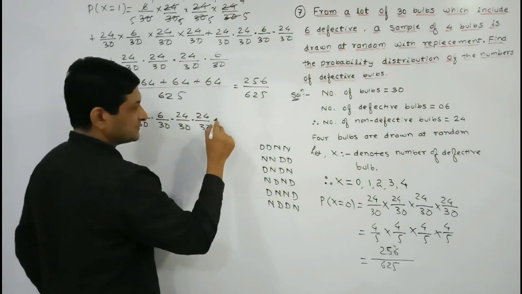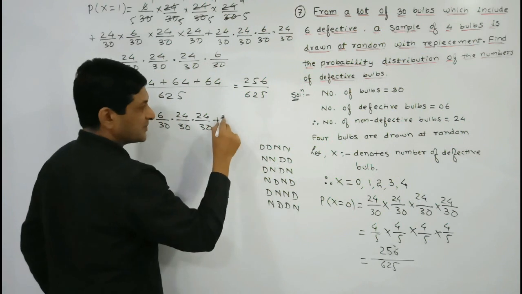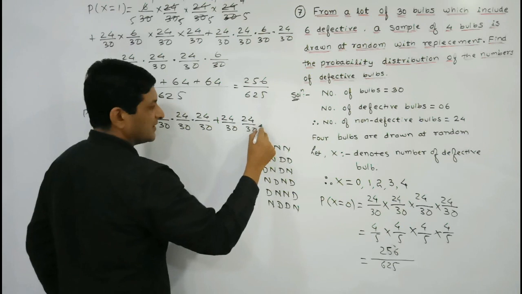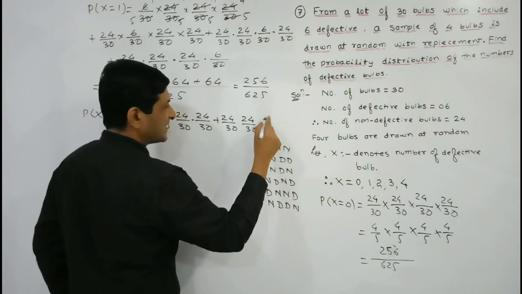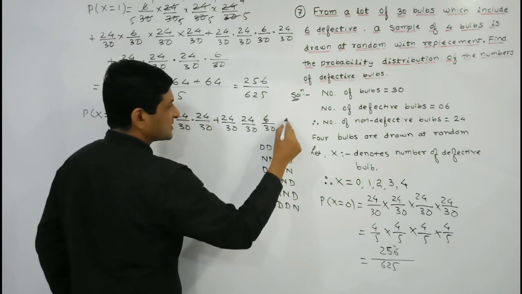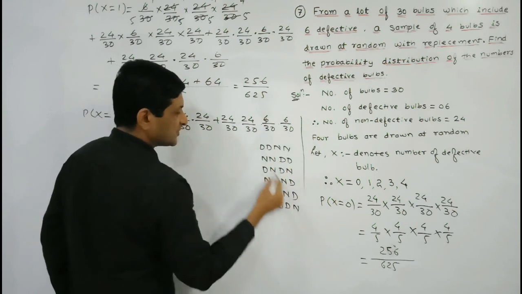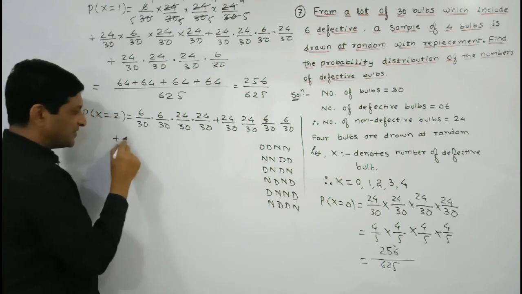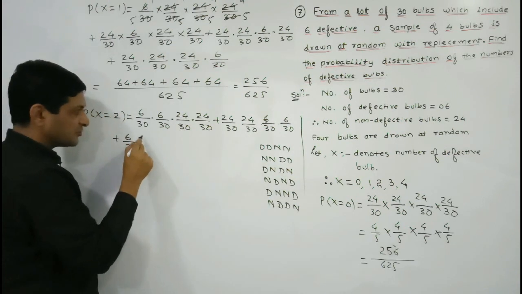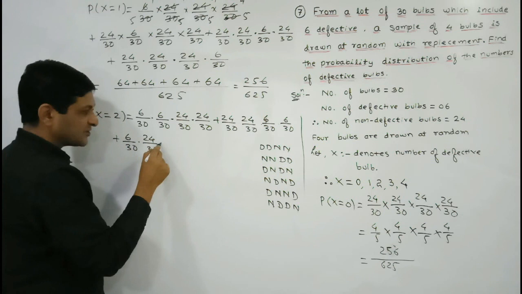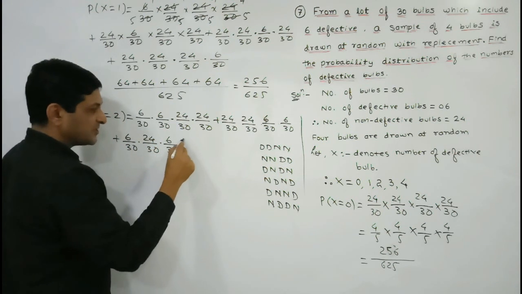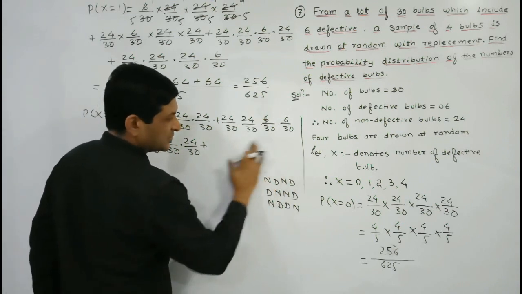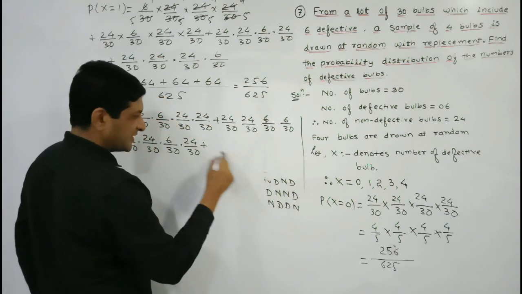Again in the second case, plus non-defective means 24 upon 30, again 24 upon 30, again here defective means 6 by 30, and again 6 by 30. Then plus, defective means 6 by 30, non-defective means 24 by 30, again 6 by 30, again 24 by 30, plus third case, so non-defective, defective, non-defective, defective.